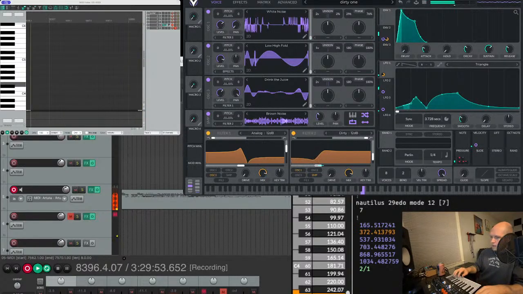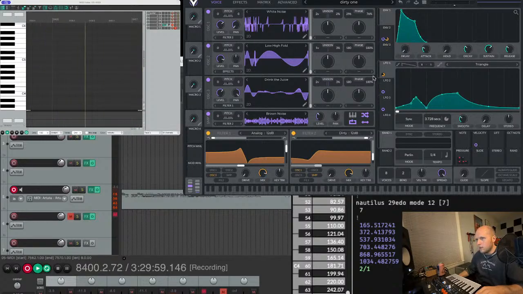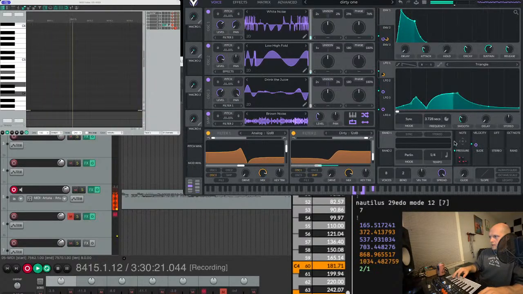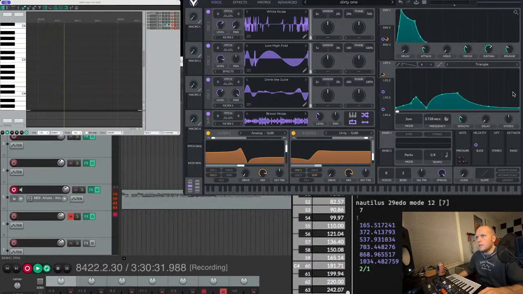So when you're just doing the MicroFreak, you can adjust all the notes of the chord differently. But using it as a MIDI controller, I don't know if that's always the case or if it's just Vital or how that works, but yeah. It reads the pressure on the last note I played, but not any of the other notes I've played.